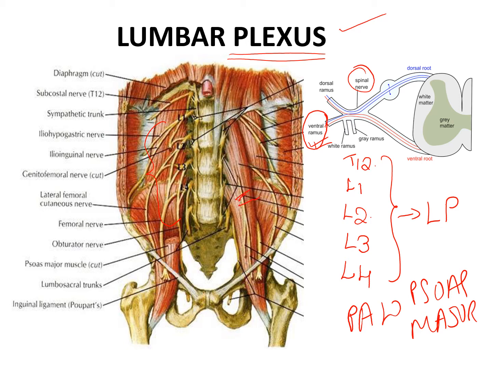You can appreciate here the ventral ramus of L1, L2, L3 and L4 are involved in the formation of the lumbar plexus. Not to forget a small contribution or a twig from T12.